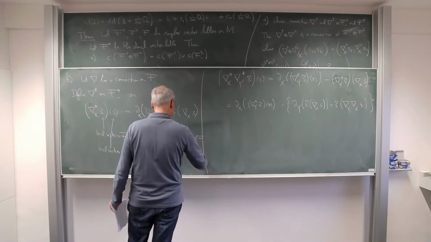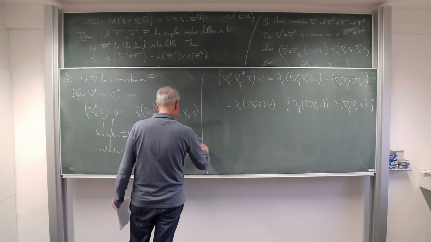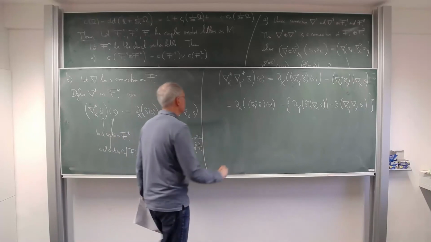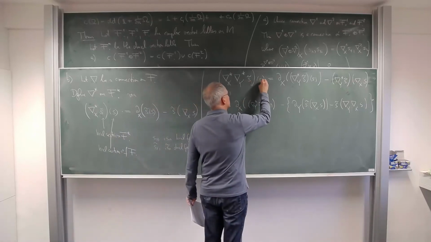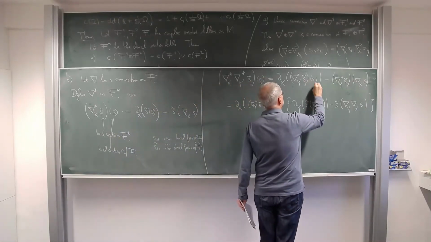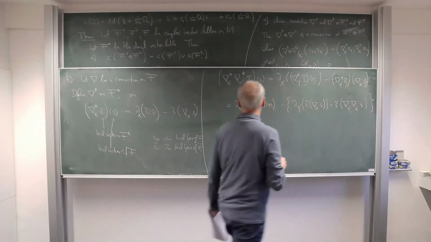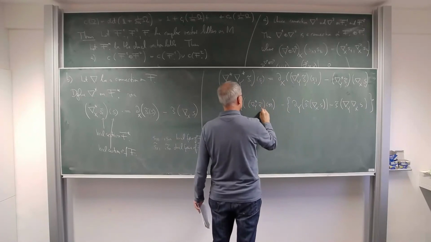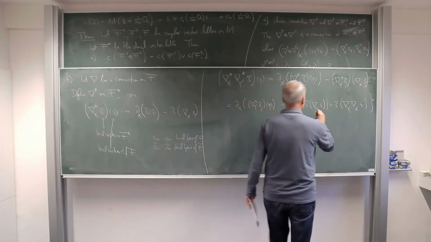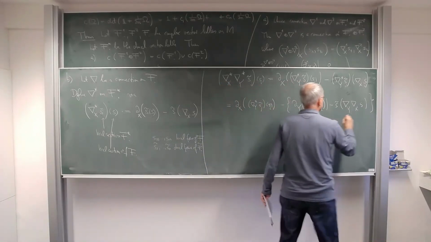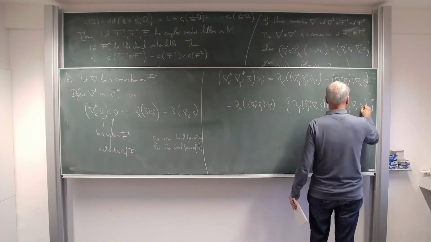So at each point I take a dual basis. And now I put J here and I here, J here and I here, and so on.